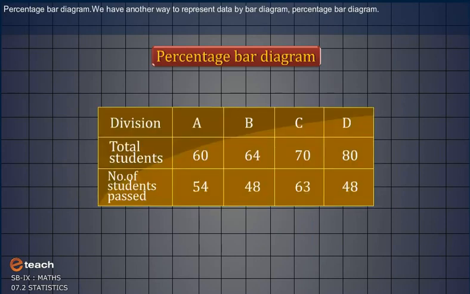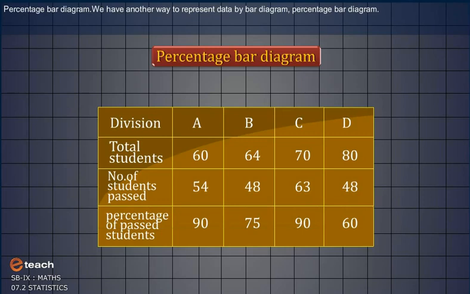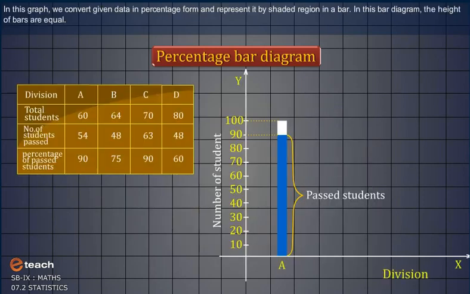Percentage bar diagram. We have another way to represent data by bar diagram. In this graph, we convert the given data into percentage form and represent it by a shaded region in a bar. In this bar diagram, the heights of the bars are equal.